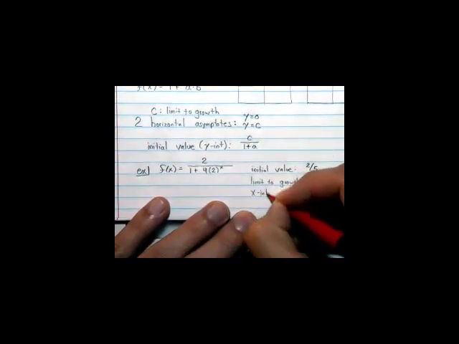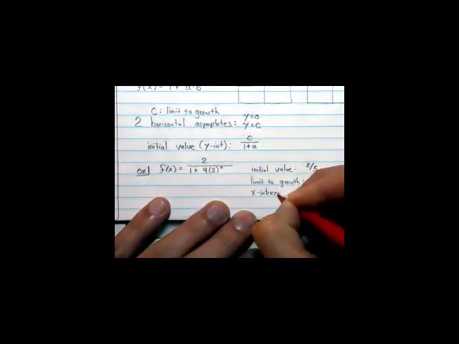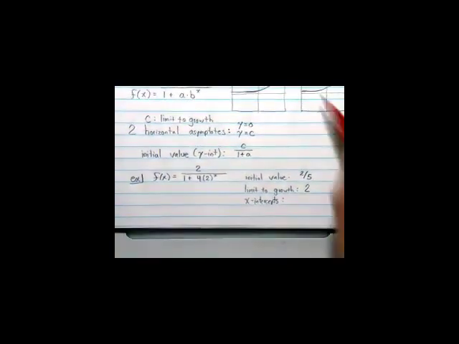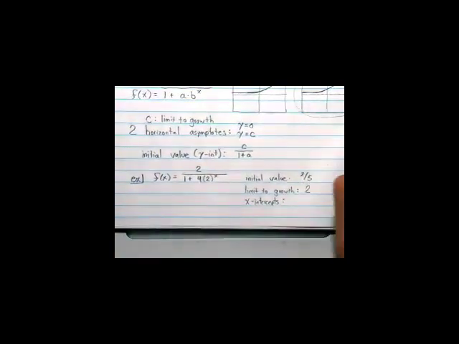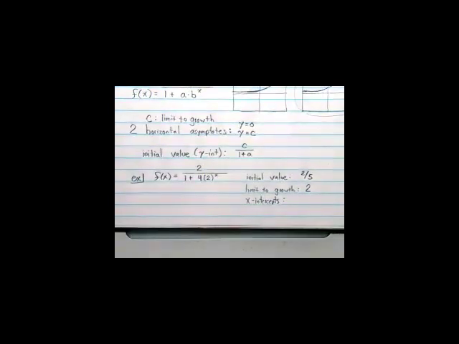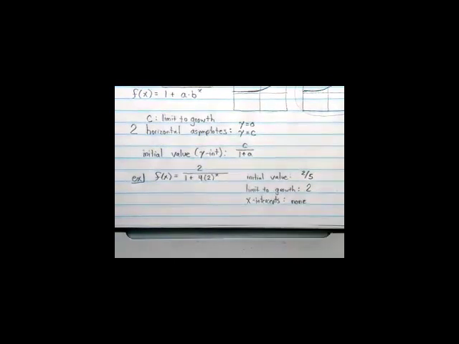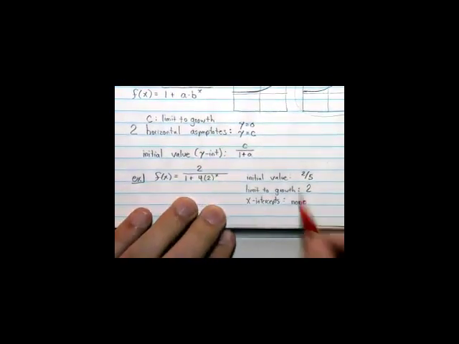Let's see if we can find some other stuff here. Now remember, this is the graph of it. Every logistic kind of has that shape. What are my x-intercepts? None. Good. It never crosses the x-axis. We already did the y-intercept.